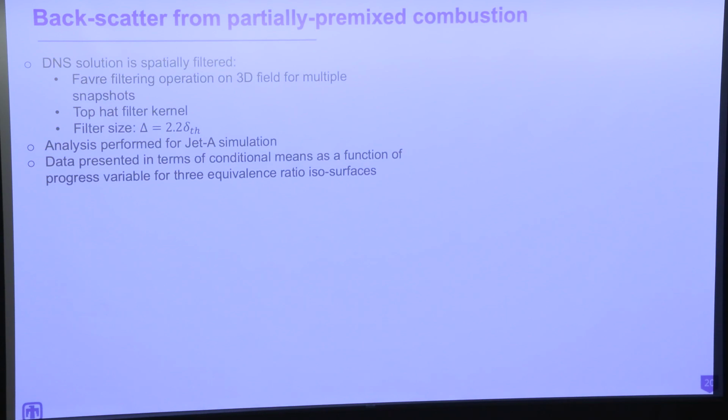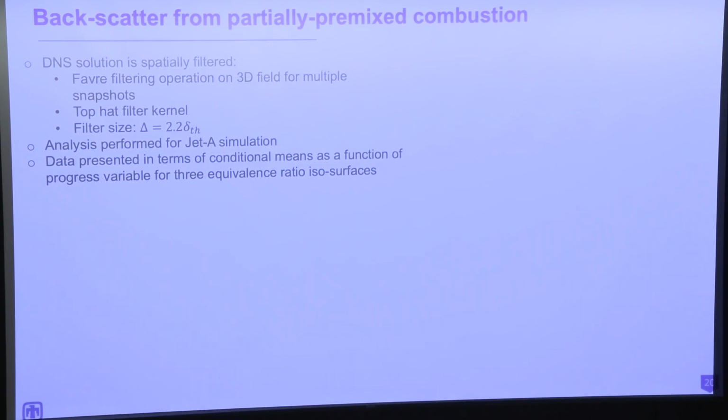So we took the DNS of the Cambridge burner and we spatially filtered the data with a Favre filtering operation for a bunch of different time snapshots, because this flame is stationary both in time as well as in the azimuthal direction. We used a top hat filter kernel where the filter size that we took so far is pretty small.